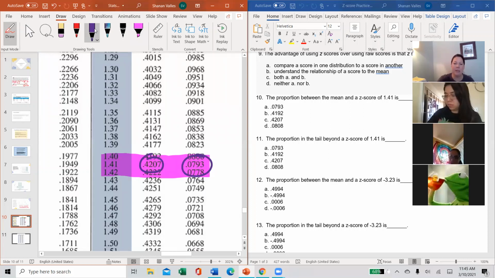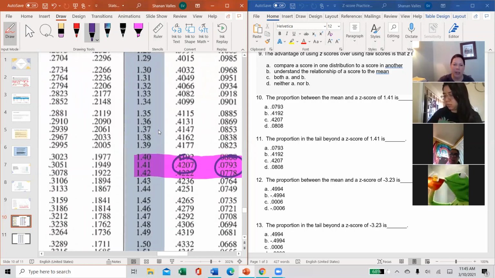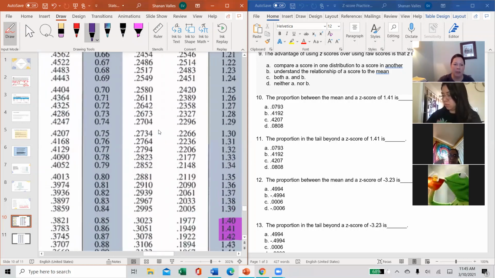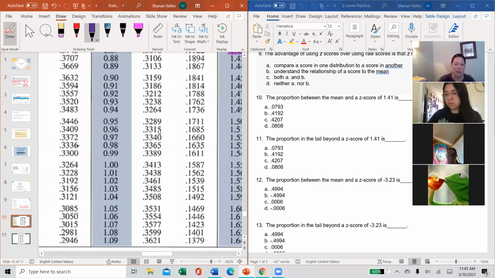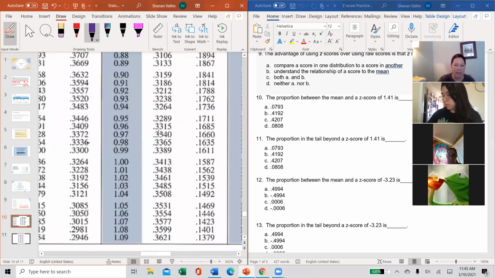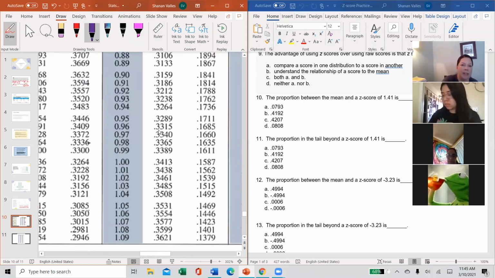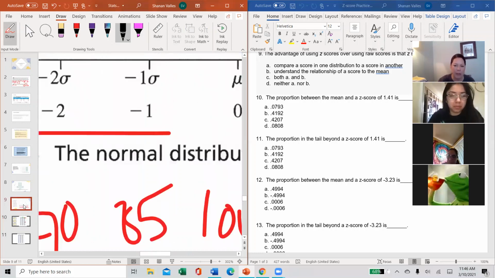Now we have an example over there. 12 and 13 are negatives. But for funsies, let's pick another number and pretend that it's negative. Let's pick this one right here. We'll say it's negative 1.05.